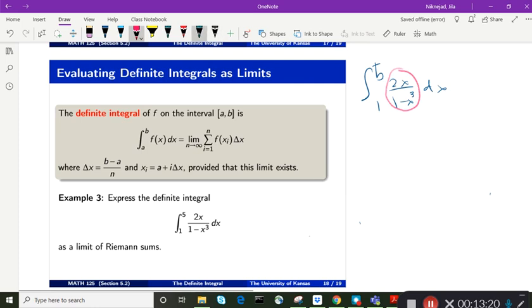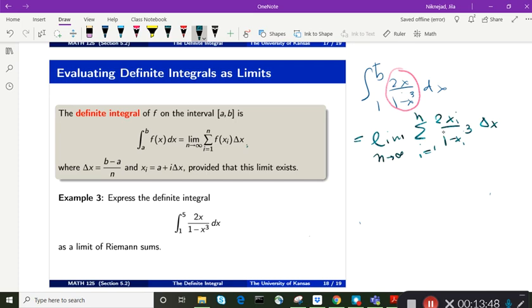As I'm writing the other side of this story, let's replace the function first. Limit as n goes to infinity of sigma i equal to 1 to n. I'm supposed to have f of xi: 2xi over 1 minus xi to the power 3, and delta x. Okay, so I replaced the function. That was nice. Oh, I forgot the n to infinity.